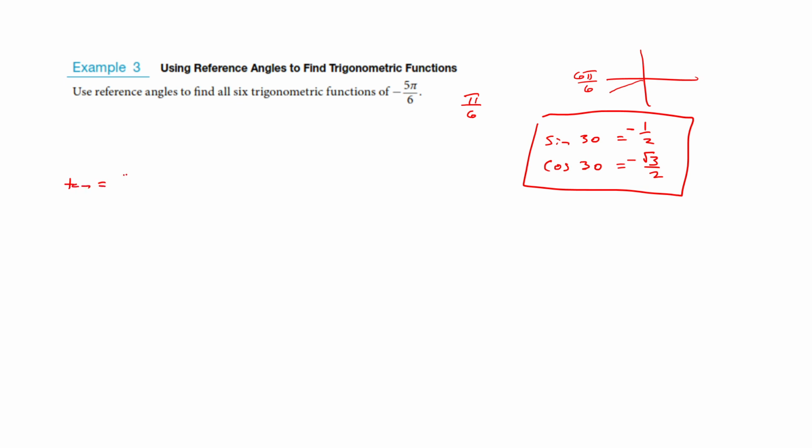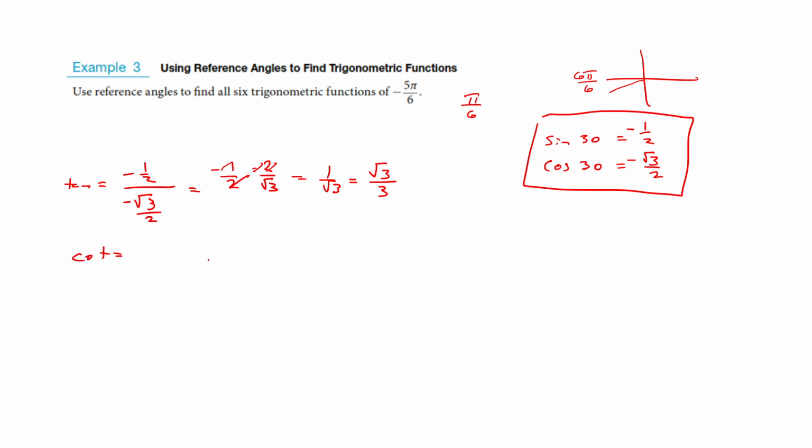So tangent would be negative 1/2 over negative square root of 3 over 2. You're going to flip that upside down. I didn't show the negative, well, I should, but I flipped it upside down. So the 2's and the negatives are going to cancel. I'm going to get 1 over the square root of 3. When you rationalize that, I hope you see that'll turn into radical 3 over 3.